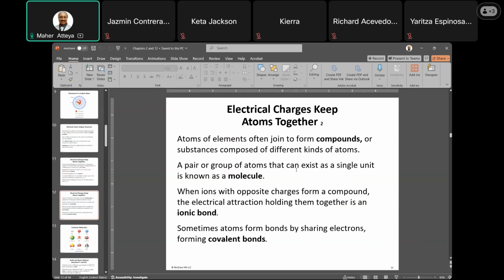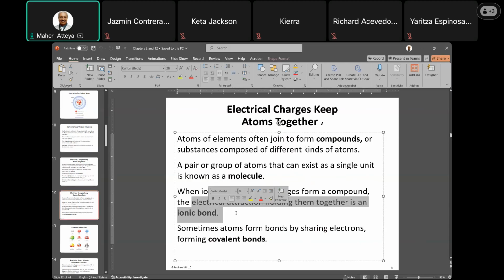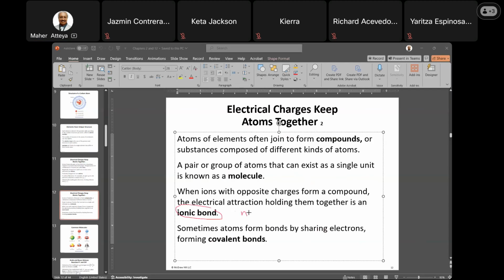If I have a metal present, then I have ionic, in which the metal tends, as in sodium chloride you have seen, to give away its valence electron to the anion, to the non-metal. So here we have to have a metal for ionic. See here, ionic, you have a metal.